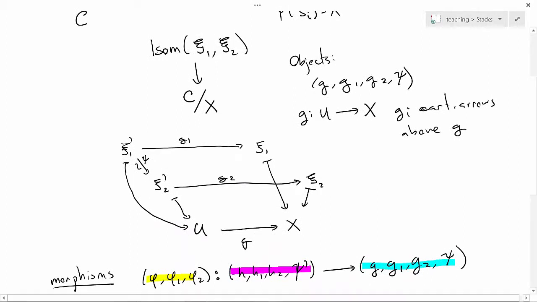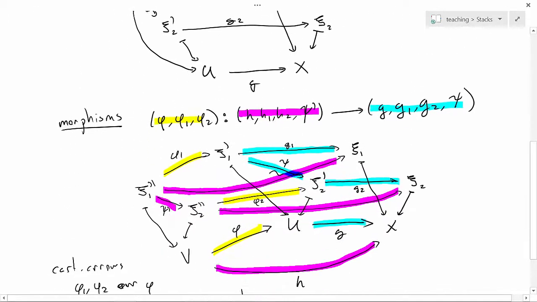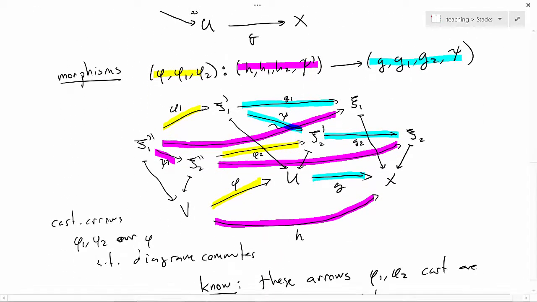We need one more piece of data, which is how the thing actually maps down to C. And the deal is that an object of this shape, G1, G2, psi, is going to map down to the object U. In other words, the thing that lies above the source of these arrows, Gi, is going to map down to U. The data phi1, phi2, the morphism of this sort, is going to map down to the morphism just given by phi, which, if you recall, is the map on the bottom in the comma category itself.